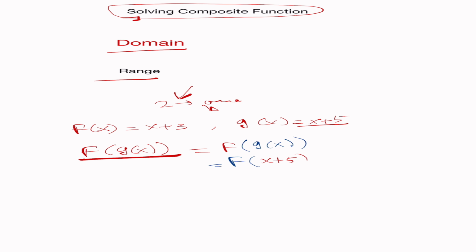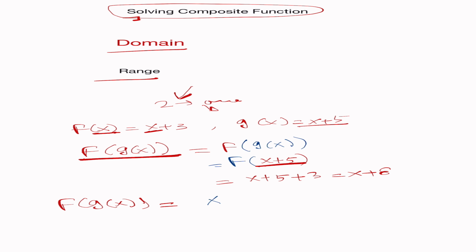If you replace x with x plus 5, that means instead of x you write x plus 5 and plus 3, which is x plus 8. So f of g of x, our composite function, ends up being x plus 8.